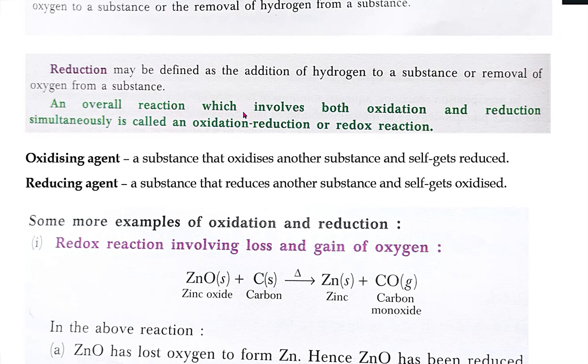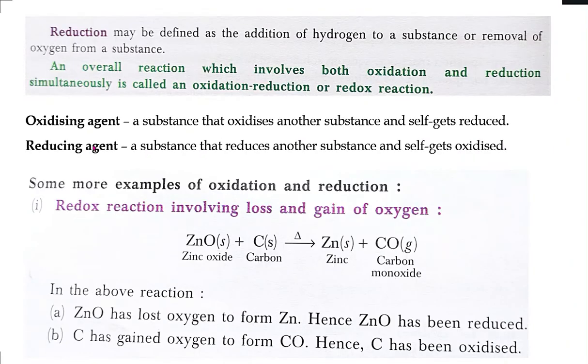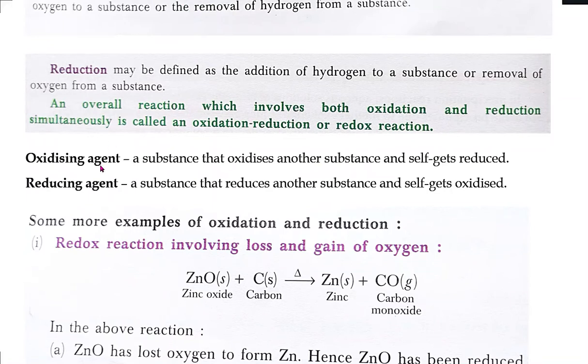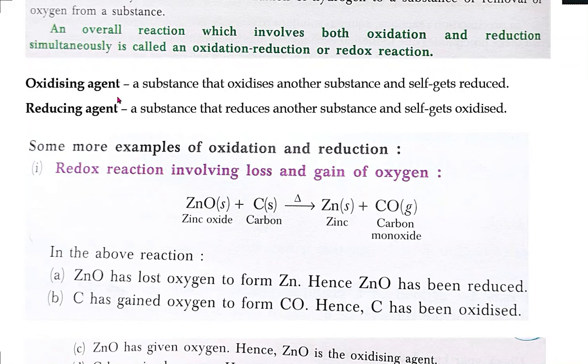There are some reactions in which oxidation and reduction take place simultaneously. Those reactions are called redox reactions. Now another definition is oxidizing agent. What is an oxidizing agent?